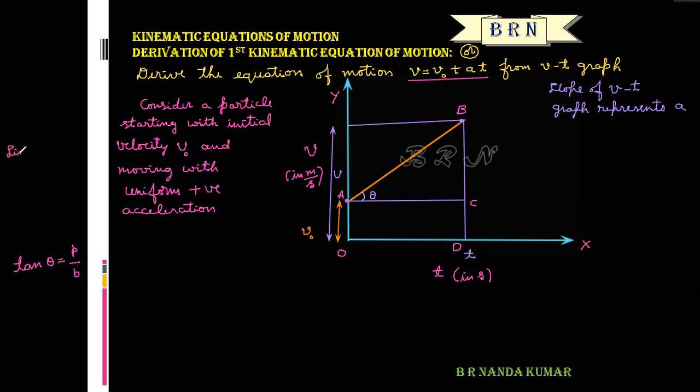Actually, what is the mathematical expression for sine theta? Sine theta is perpendicular divided by hypotenuse. Cos theta is base divided by hypotenuse. Tan theta is perpendicular divided by base.